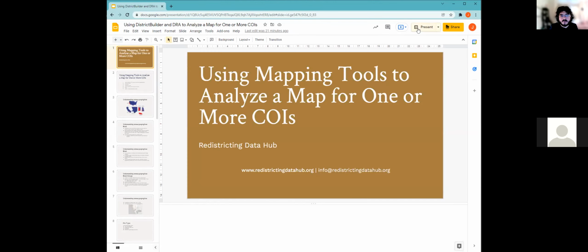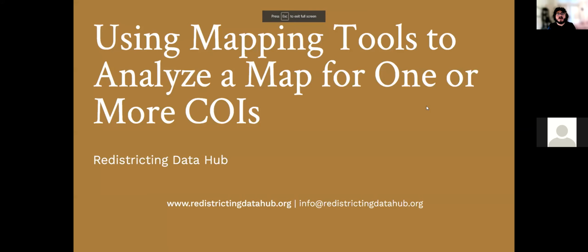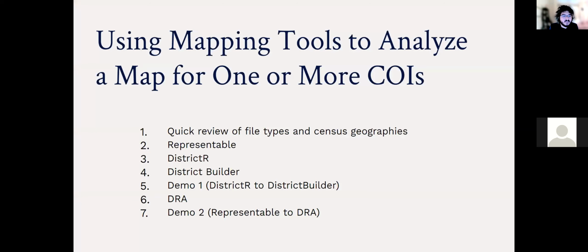Great, so we are going to do a presentation today on using mapping tools to analyze a map for one or more COIs. Today we're going to do just a quick review of file types and census geographies, to give you an understanding of how that relates to the mapping tools.